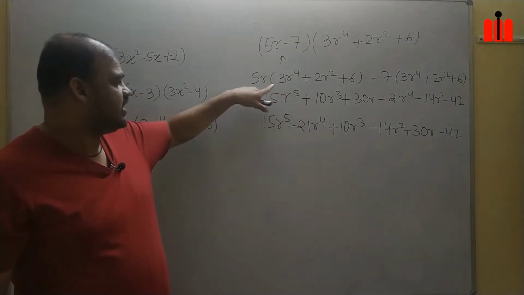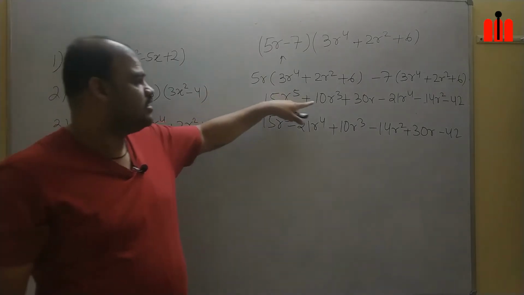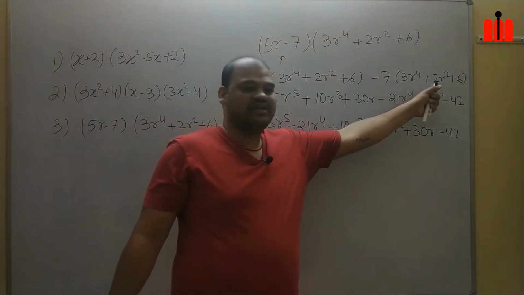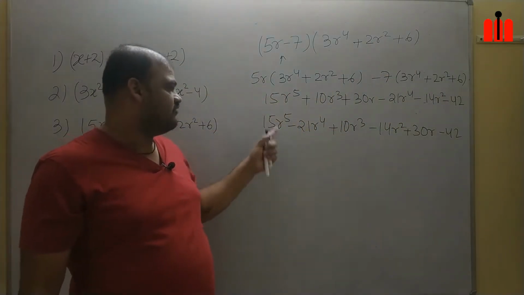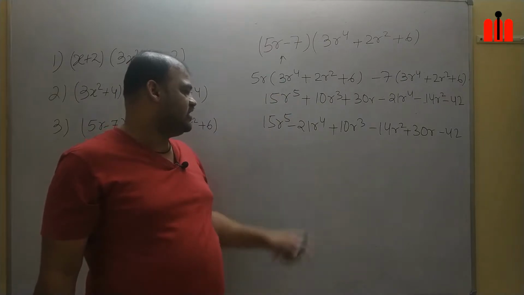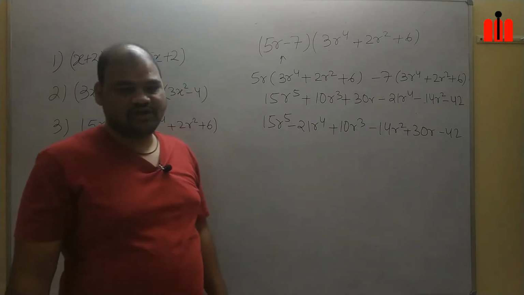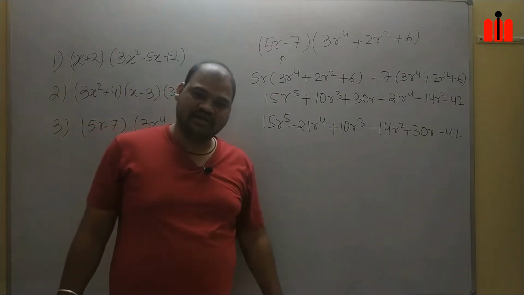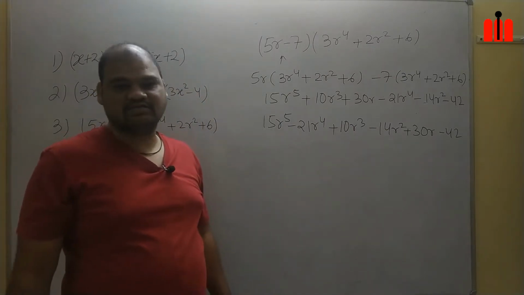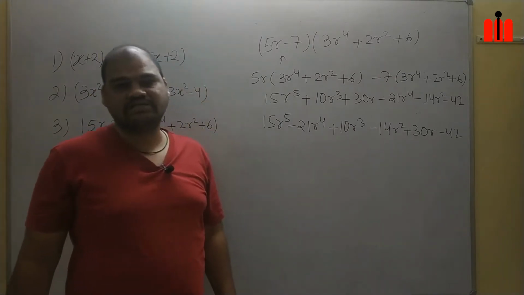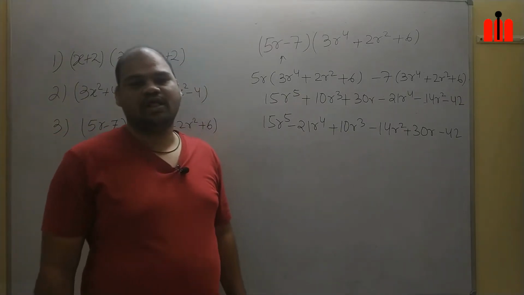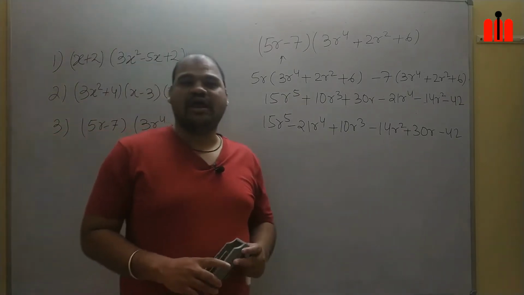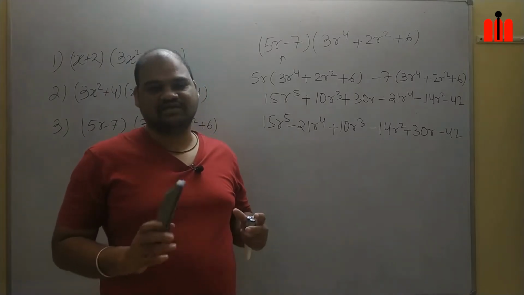So in the first bracket 5r is multiplied, and for the second bracket minus 7 is multiplied with each and every term. After that we get 15r to the power of 5 minus 21r to the power of 4 plus 10r cube minus 14r square plus 30r minus 42. So this completes problem number 3, and this completes this section as well.